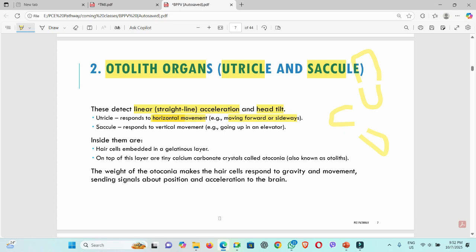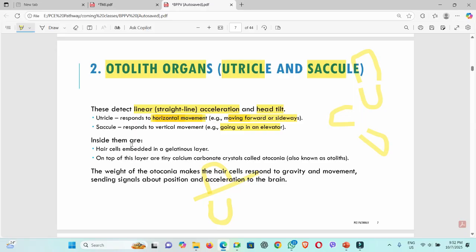This is how, if you keep two magnets like this, as I read in physics, they will either repel or attract in the same direction, moving forward or sideways. So utricle will detect horizontal movements, moving forward or sideways. Saccule responds to vertical movements; going up in an elevator will be detected by saccule.